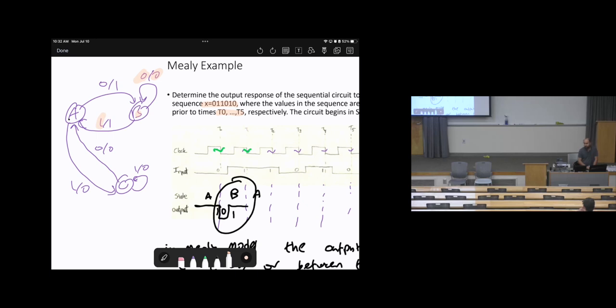Therefore, the output should be changed. Even though you are in the middle cycle, the state has not been updated yet. So any change in mind or any change in the cycle will not affect the state because we haven't updated yet. However, the outputs will be affected because the arrow has been changed from this one to this one. When you change the arrow, you already changed the outputs, right? That's why we have this.